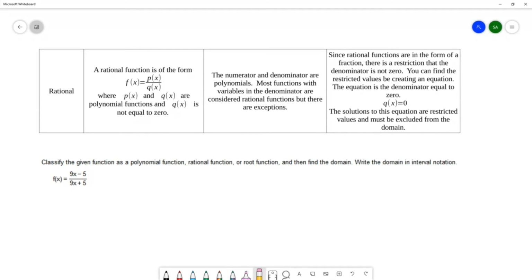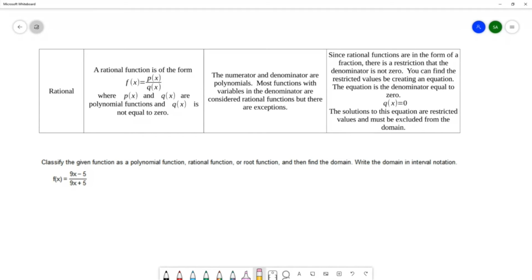So the way that we find the domain is by setting the denominator equal to 0 and solving that equation. The reason why we do it that way is because rational functions have fractions, and 0 is not allowed to be in the denominator of a fraction. 0 is a restriction.